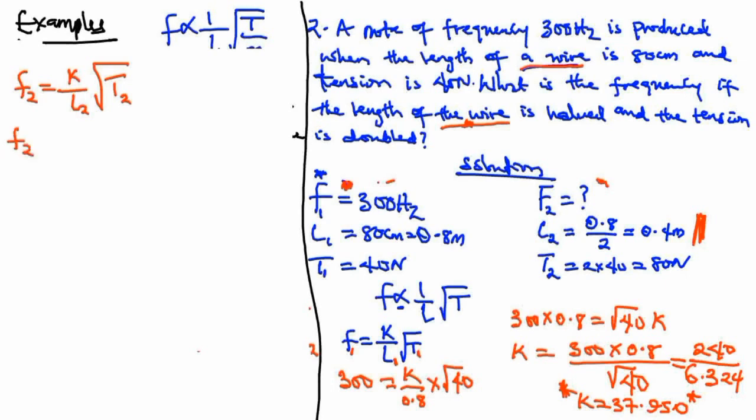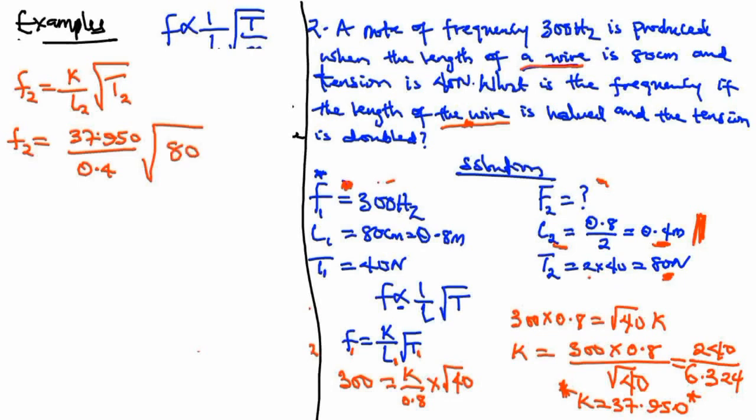That's the value we are required to find. So F2 will be equal to, what's the value of K? Our value of K is 37.950 divided by L2. The value of L2 is 0.4 meters, then times the square root of our T, which is 80.